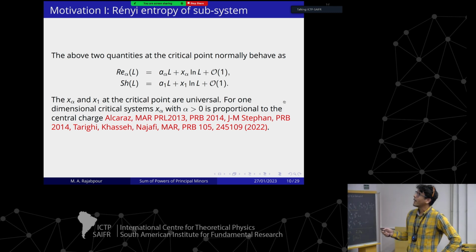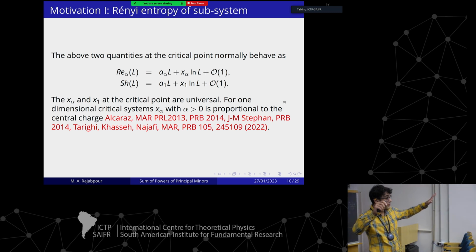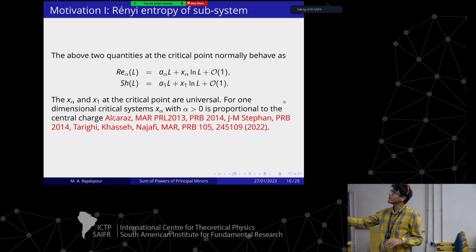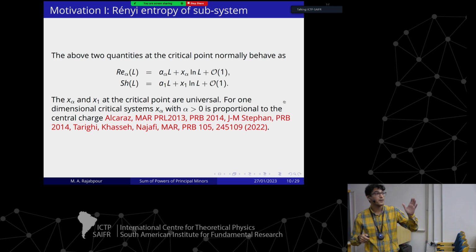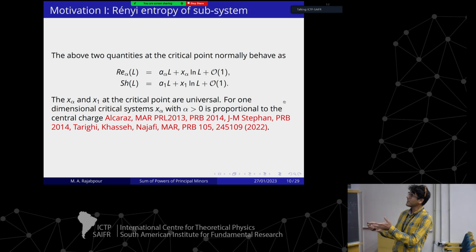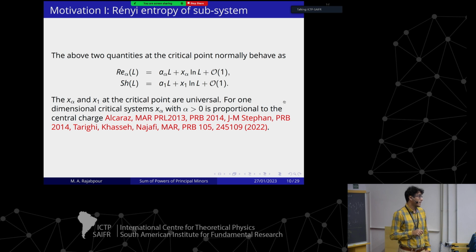Now, if you do this for the quantity that you know, the entanglement one, then we don't normally have this part. This part is 0, and what we have is something like c over something, which is the central charge. But in the case that I'm talking about, we have this part and then the extra part here, which is proportional to the central charge, and that's a numerical calculation.